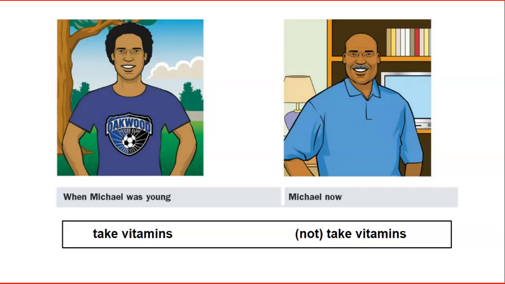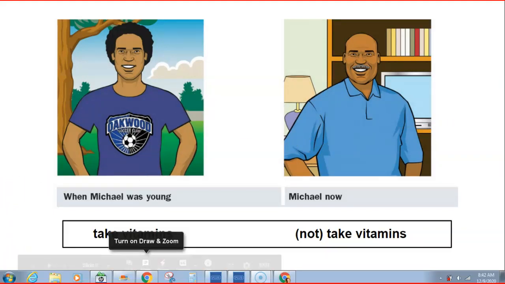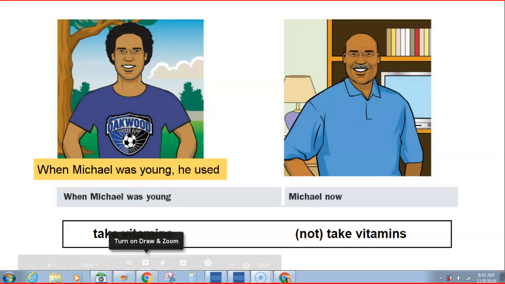Good job. You self-corrected yourself with the S on that one. You got it correct. Give me that sentence one more time, Geetha. When Michael was young, he used to take vitamins, but now he didn't take, takes vitamins.